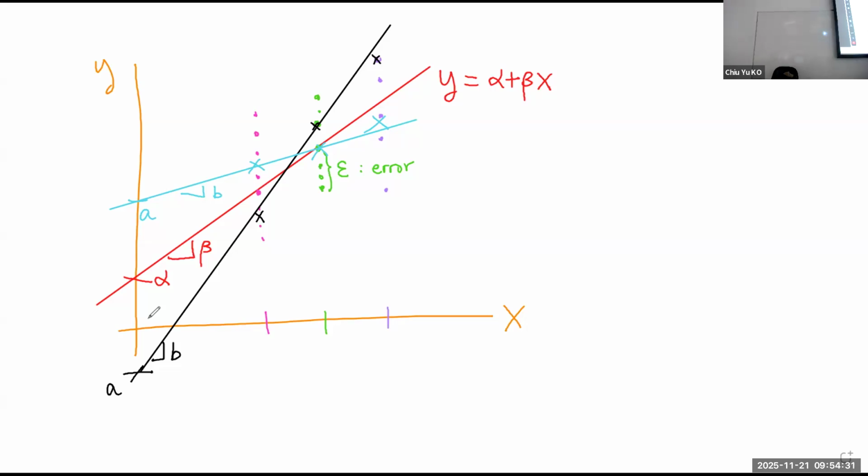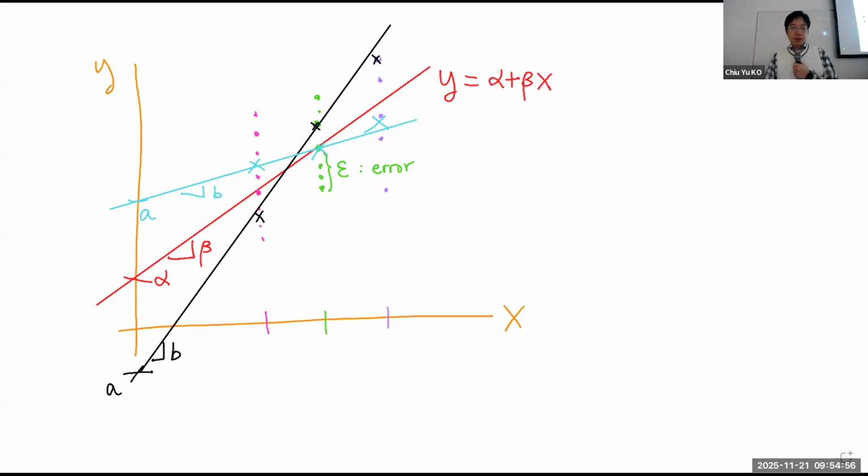So that's why later you see variance for this. And because A and B are random variables, we can do hypothesis testing on alpha and beta. We can do interval estimates for alpha and beta. So that's the main idea behind it. Let us get back to the slide.